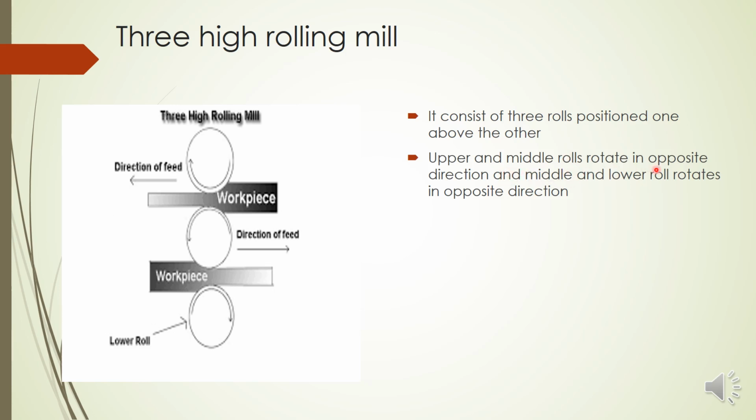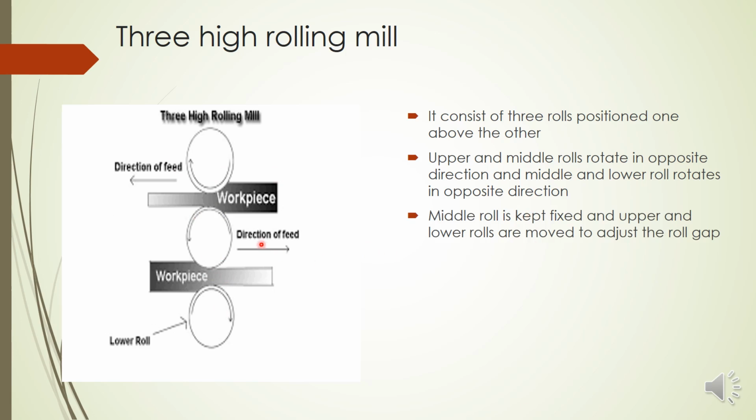Any 2 adjacent rolls, if you take them, rotate in opposite directions. Here the middle roll is stationary, and we can move the upper and lower rolls up and down to adjust the gap between them.